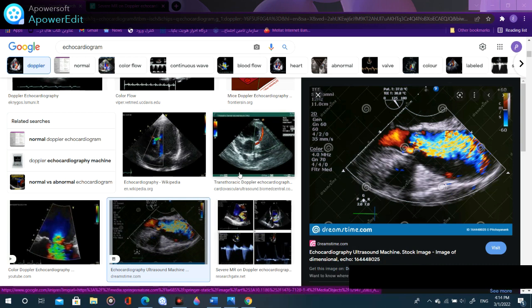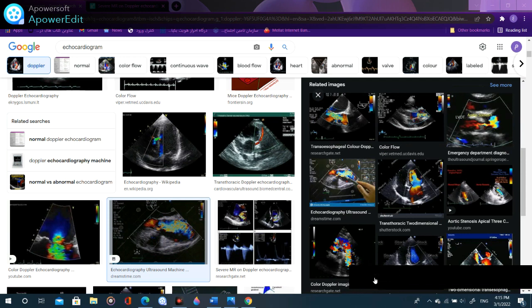So if we see red and blue, the flow is laminar. If we see yellow flow, it is turbulent flow. Turbulent flow is abnormal in the heart.